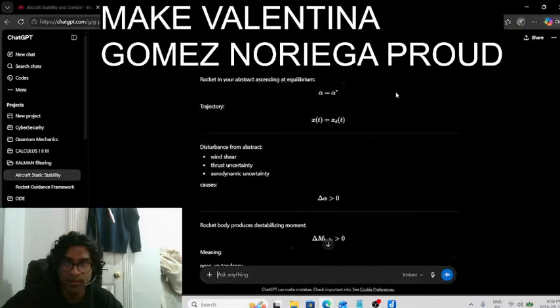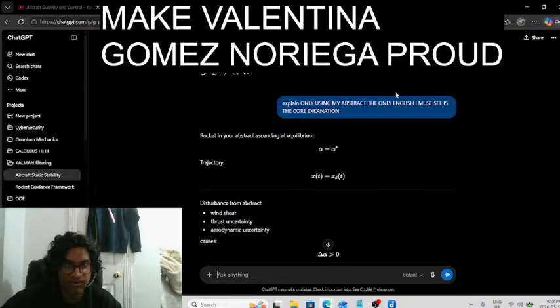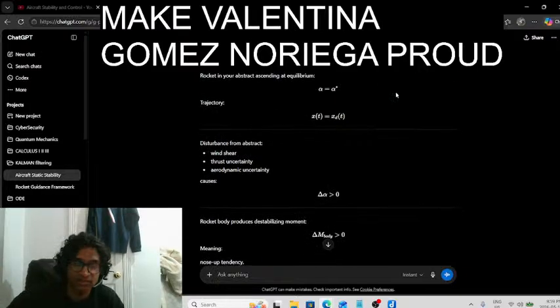Okay, so alpha is equal to alpha conjugate, and the desired trajectory is equivalent to the real trajectory. On the disturbance from the abstract, you have wind shear, thrust uncertainty, and aerodynamic uncertainty, which cause del alpha to be greater than zero.